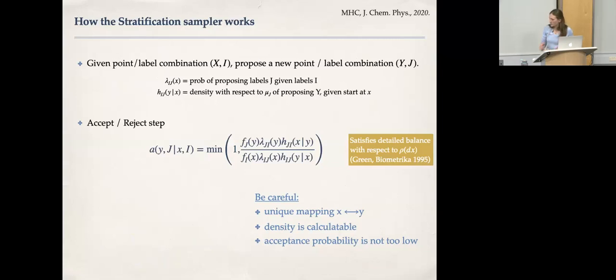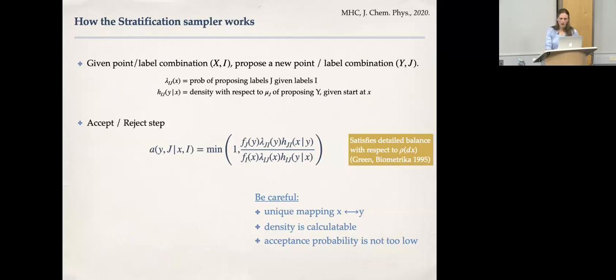In order to implement this Monte Carlo method, I won't go into all the details, but there are a few things we need to be careful about. One is that for a given point x and its proposal y, we need to make sure that there's a unique mapping from x to y and from y to x in order to calculate the acceptance probability. This is not 100% trivial when you're jumping between manifolds of different dimensions.